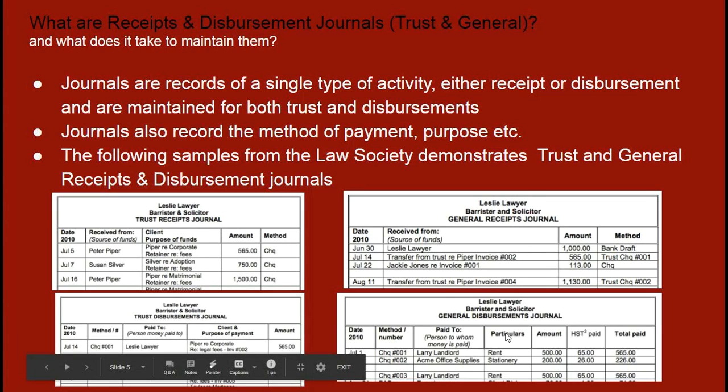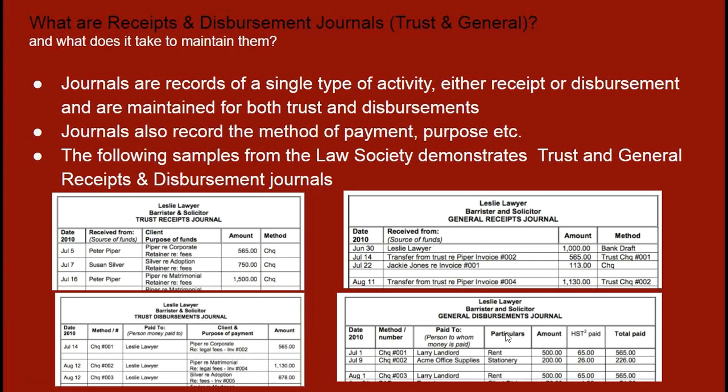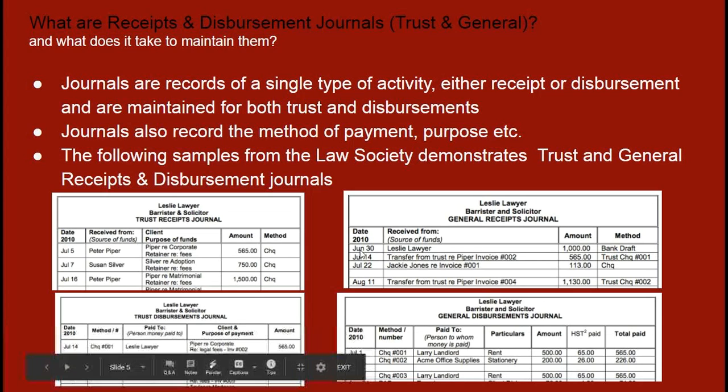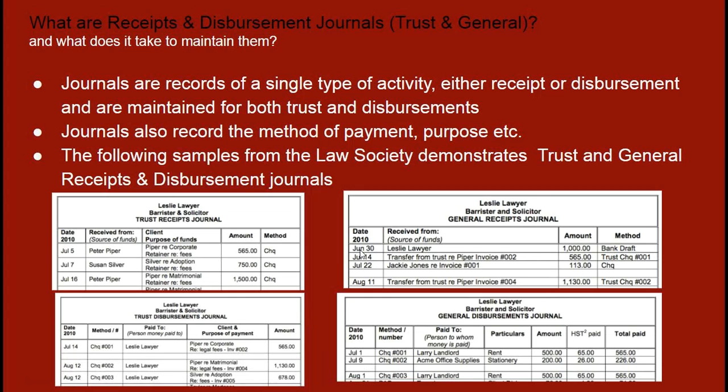Likewise, there's a receipt and a disbursement journal for your general account. The columns remain the same. You've got the date. So very important, anytime any transaction occurs, always make sure you're marking the date when that transaction actually occurred. Who did you receive it from?